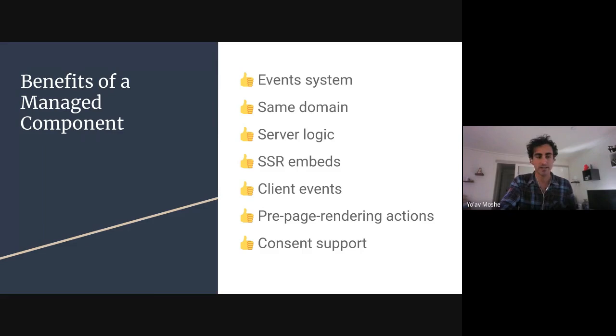Server-side rendering of embeds. This is my personal excitement in this project. If you have an article on some newspaper website and it has a Twitter embed, for example, what would usually happen is that the page would load, the whole article appears. Suddenly, the browser notices the script at the bottom. It goes to Twitter, it fetches the tweet, fetches all the assets that it requires. The whole page jumps because suddenly there's this thing in the middle of the page.